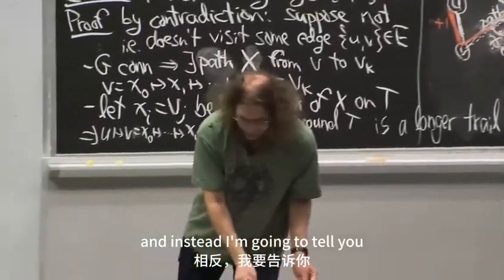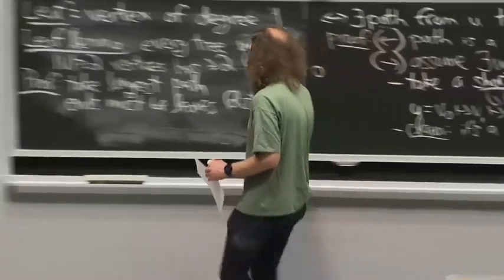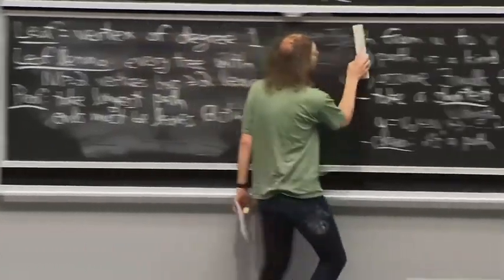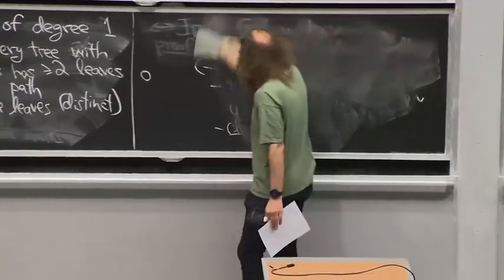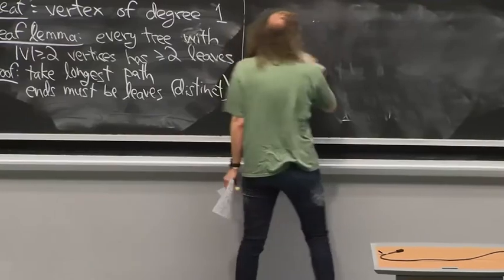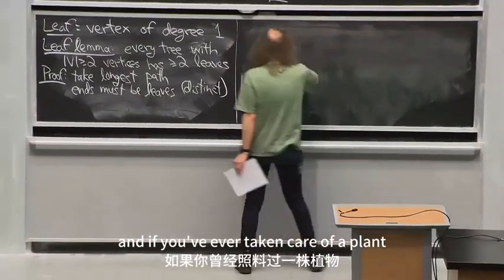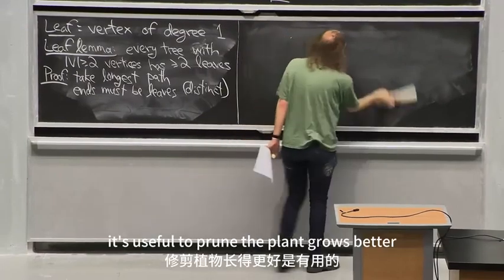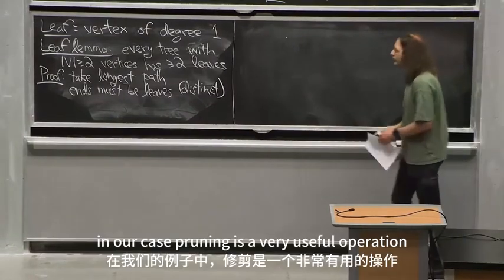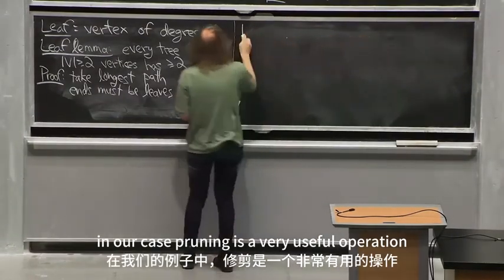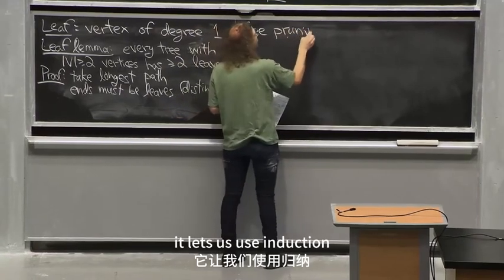And instead, I'm going to tell you what you can do with these leaves. Why are they useful? Every tree except the one vertex tree has a leaf. And if you've ever taken care of a plant, you know sometimes it's useful to prune the plant. It grows better. In our case, pruning is a very useful operation that lets us use induction.